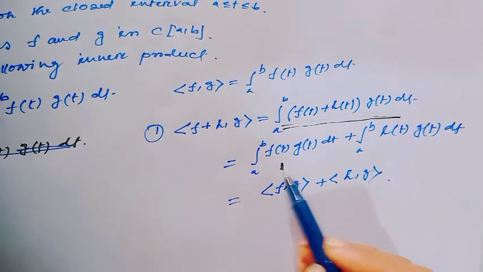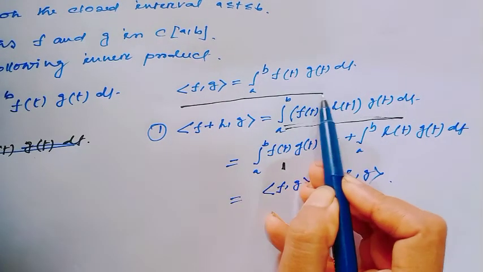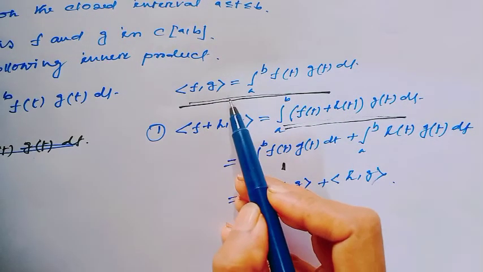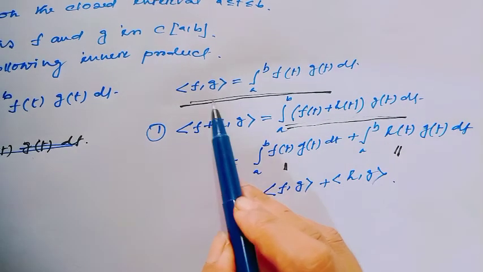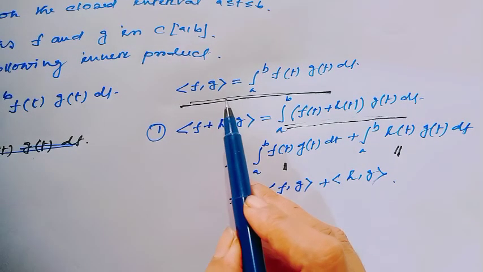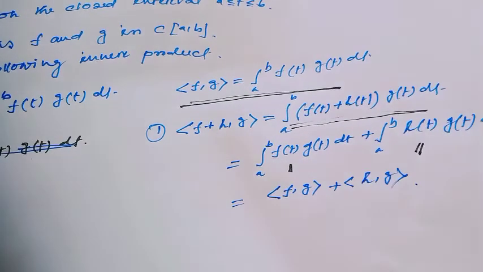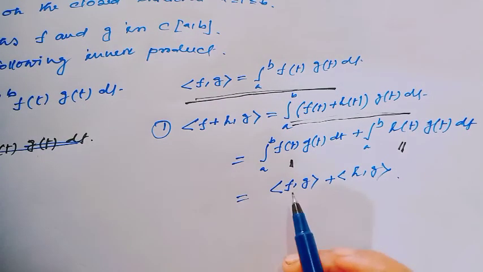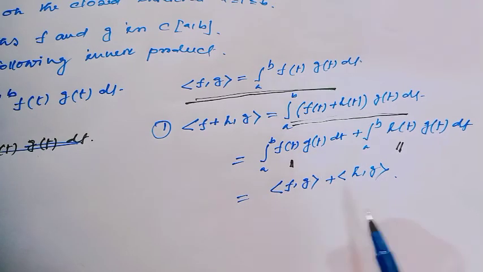And this is by definition inner product f comma g plus inner product h comma g. Therefore, the first linearity condition is satisfied here.